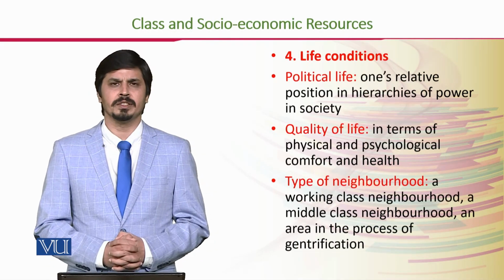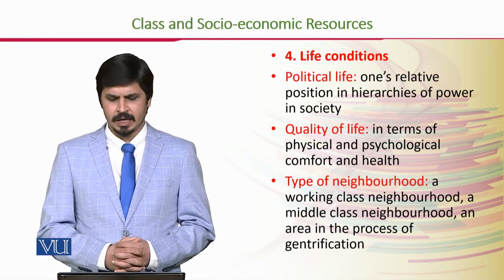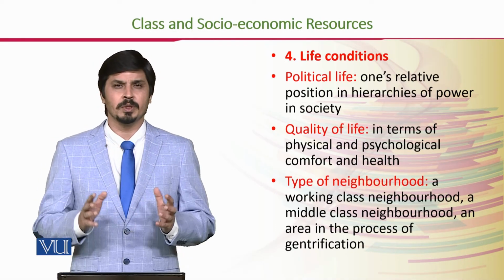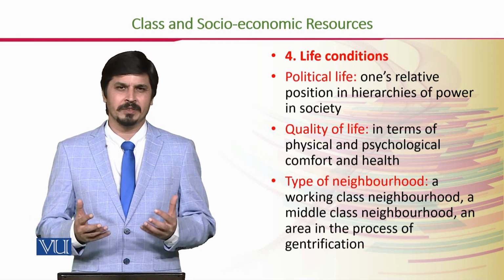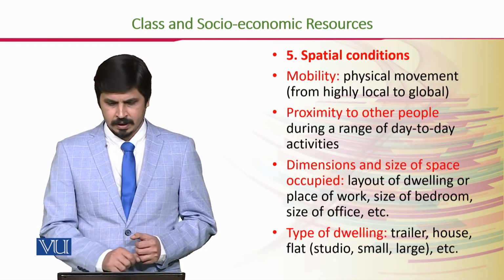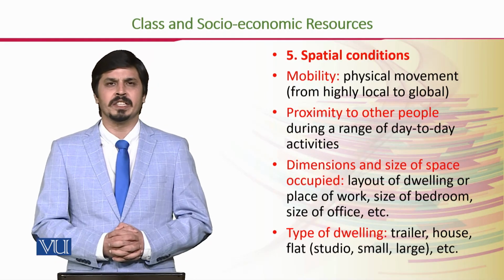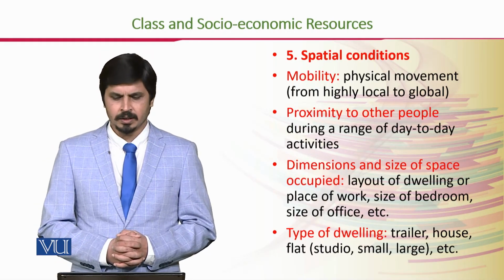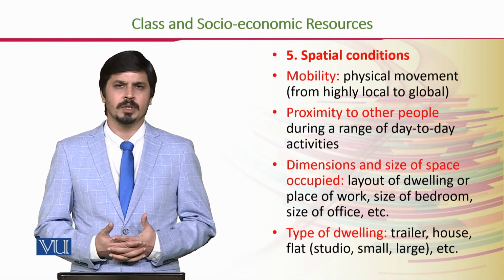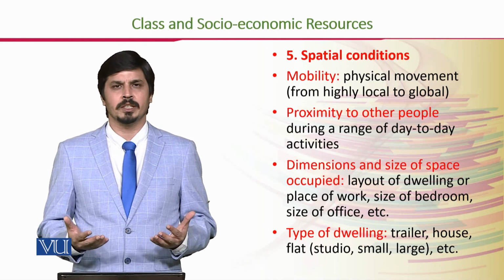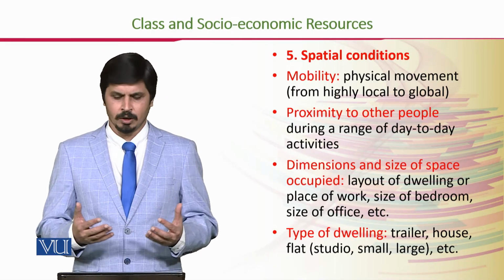Then life conditions, your political life, quality of life, type of neighborhood where you live, how big your house is, they all matter and they define a class. Then your spatial conditions also matter, how mobile you are in your life, which areas of the world you have traveled to, what are your traveling plans in the future, they all matter.